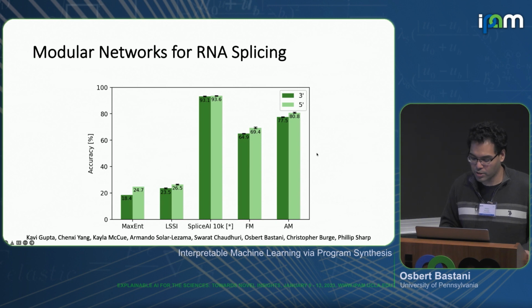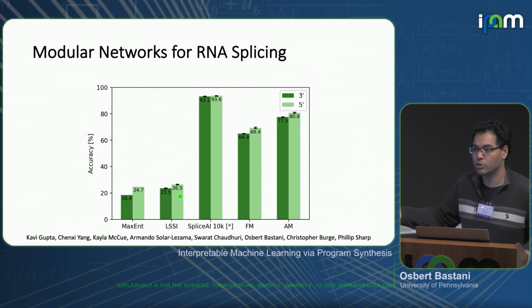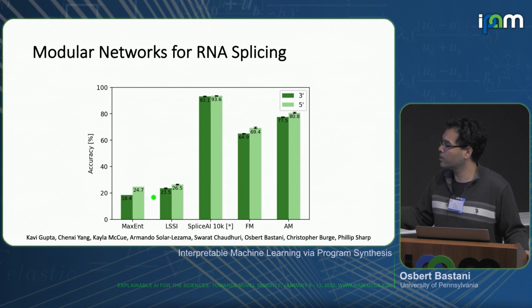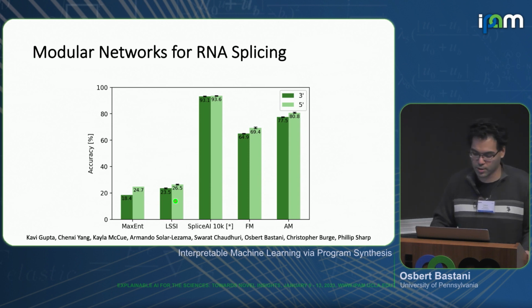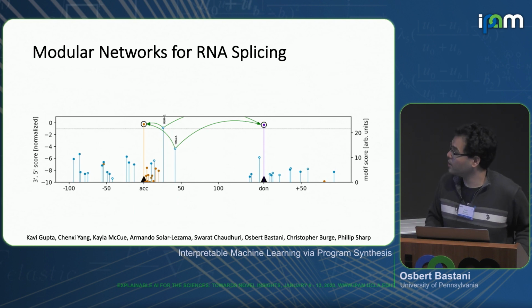We have quantitative results. Our approach is the one on the very right-hand side, and it's not quite as good as SpliceAI, but it still does quite well, especially compared to the more traditional handcrafted models I mentioned at the beginning, which perform substantially worse. The important thing is we get these nice interpretable intermediate binding patterns.